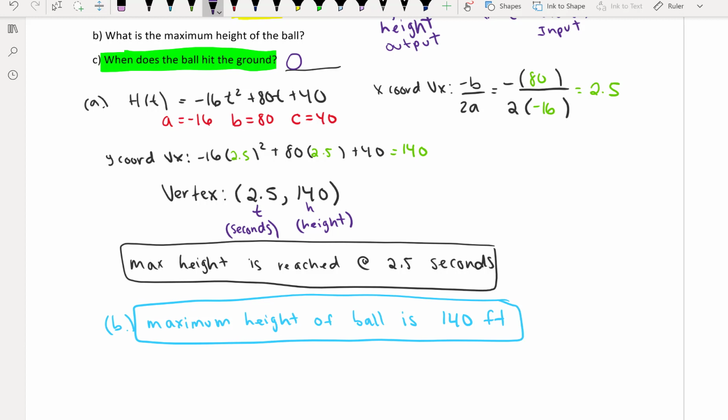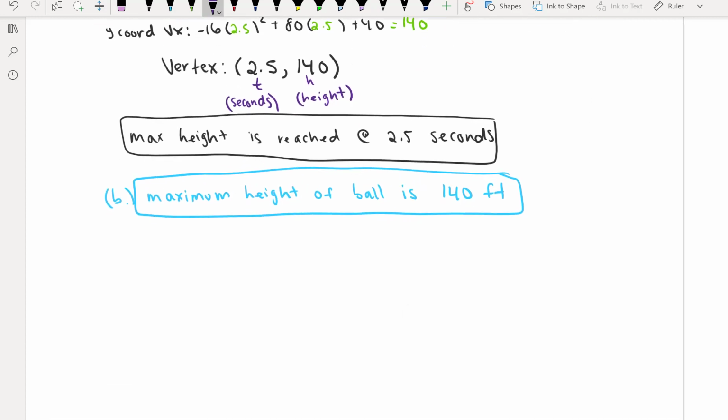So if the ball is on the ground, what's the height? Hopefully you can see that your height would be equal to 0, okay? That's the key thing there. When the ball is on the ground, my height is 0, so h is equal to 0. So for part C, height is equal to 0 because it was on the ground.